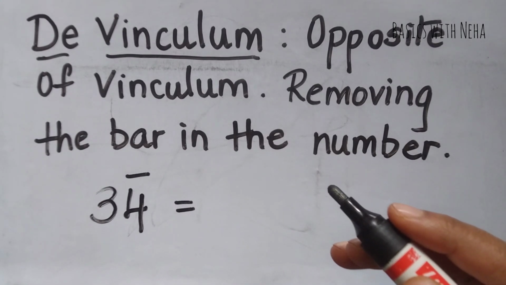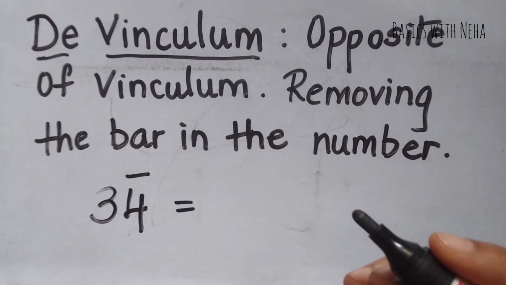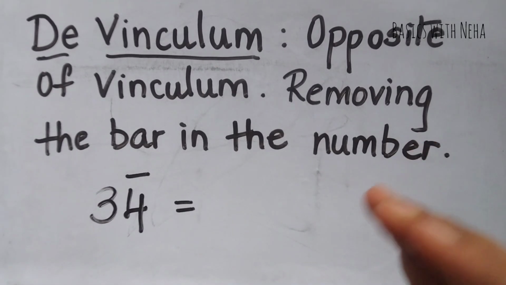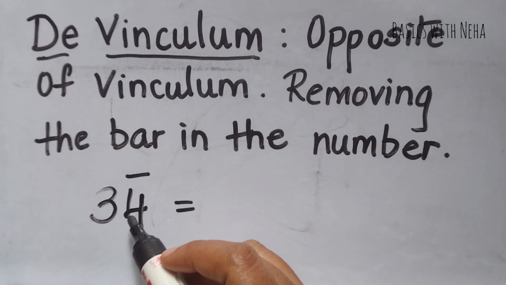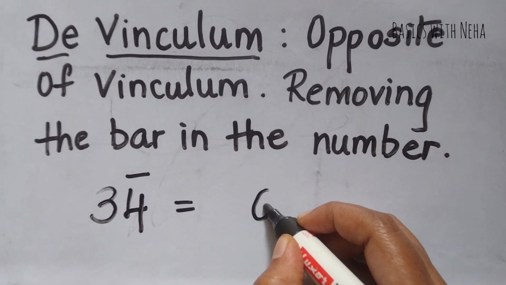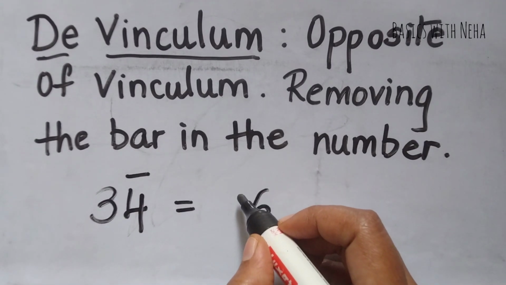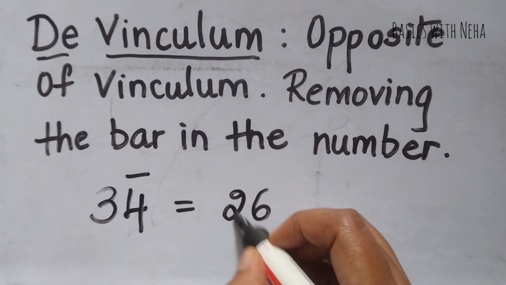In vinculum, we used to add one number. Here we are going to decrease one number. Devinculum is decrease one number. So 4 on base 10 is 6. I have removed the vinculum. Now decrease this number by 1. If you decrease that number by 1, it will be 2.